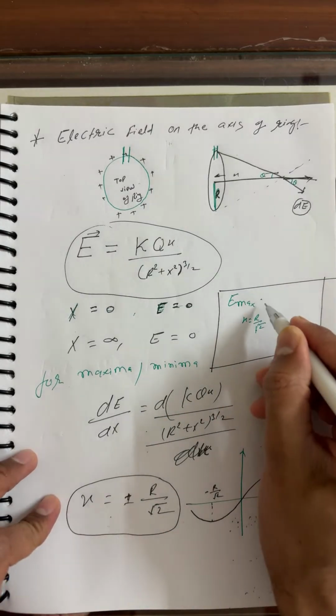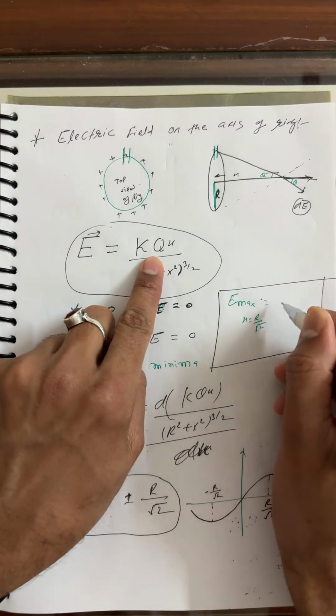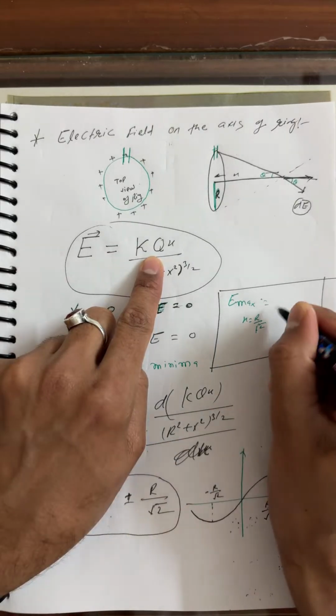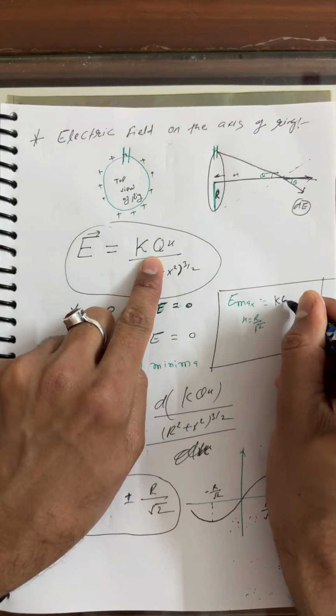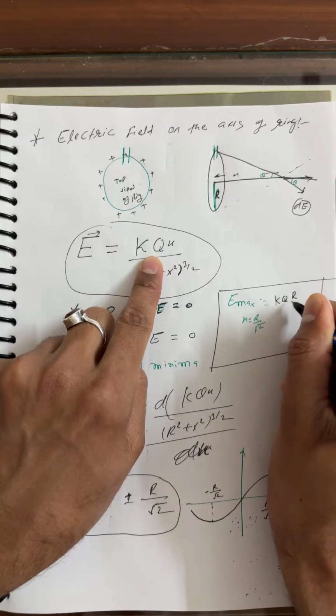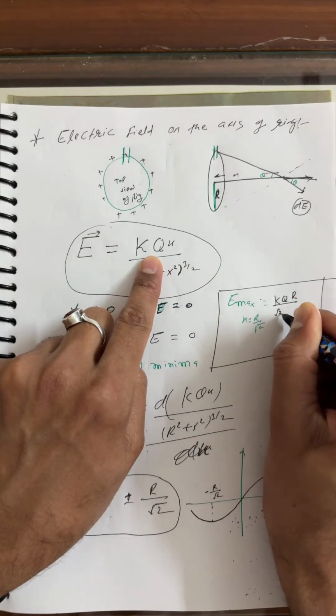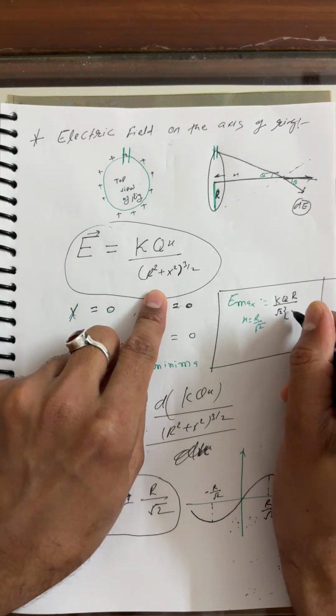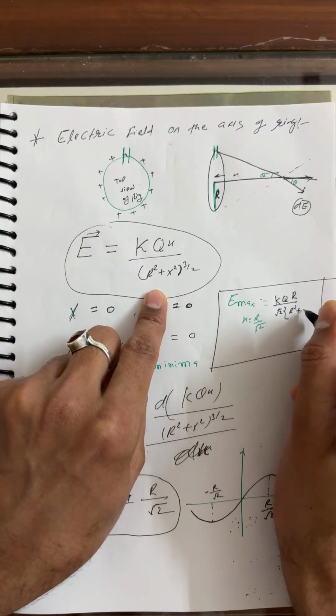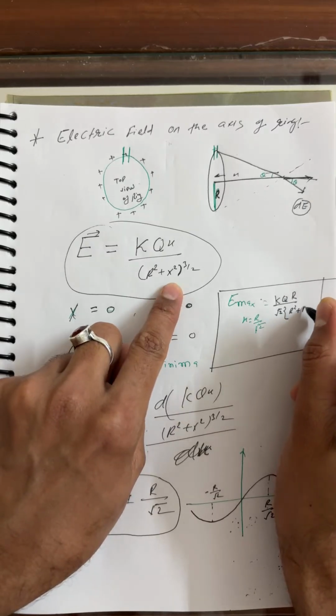Put it in kQx upon (R square plus x square) to the power 3 by 2: k Q, and x is R by root 2, and R square plus R square by 2 gives 3R square by 2 to the power 3 by 2.